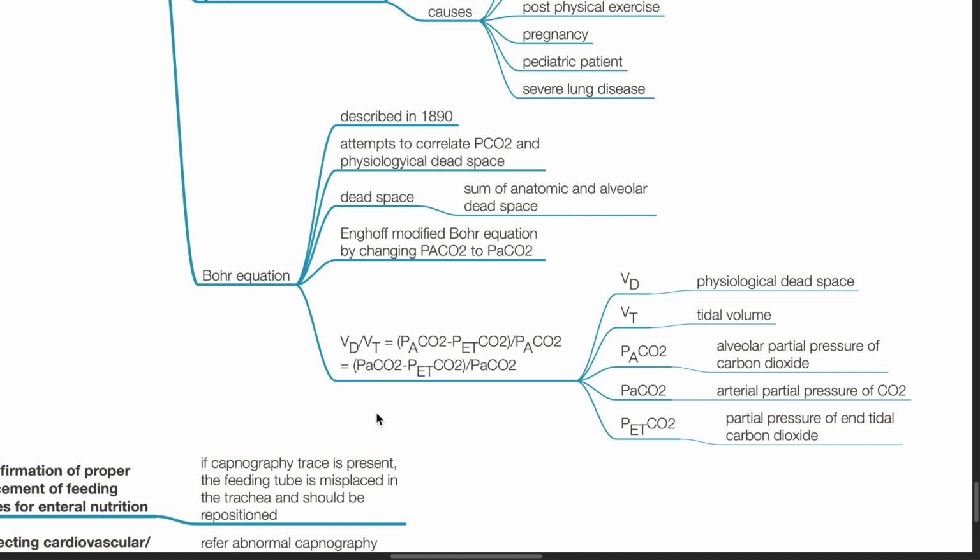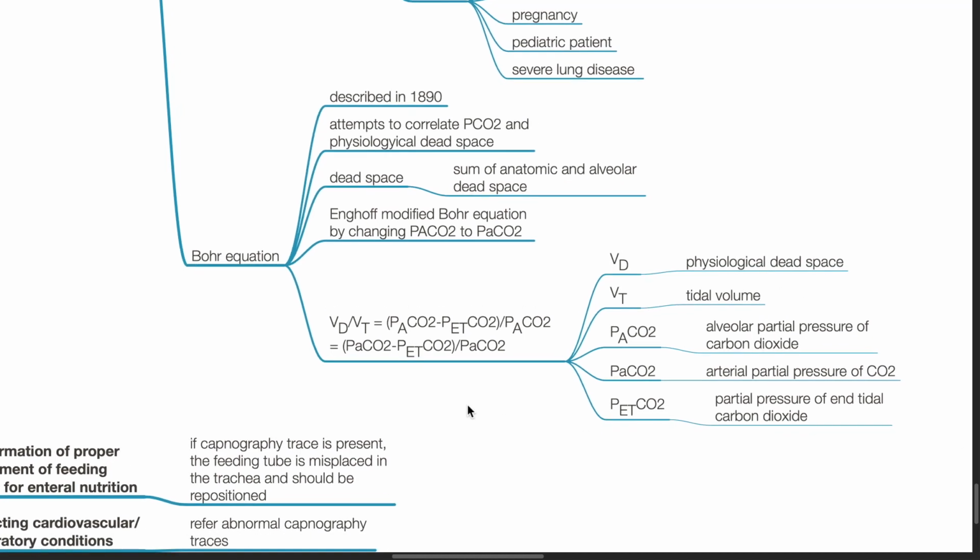The equation is VD divided by VT, which is physiological dead space divided by tidal volume, equals PaCO2 minus PETCO2 divided by PaCO2, where PaCO2 equals the alveolar partial pressure of carbon dioxide and PETCO2 equates to the partial pressure of end-tidal carbon dioxide.